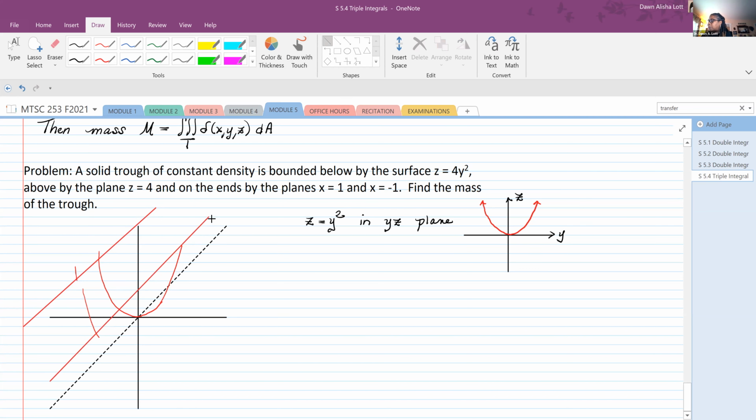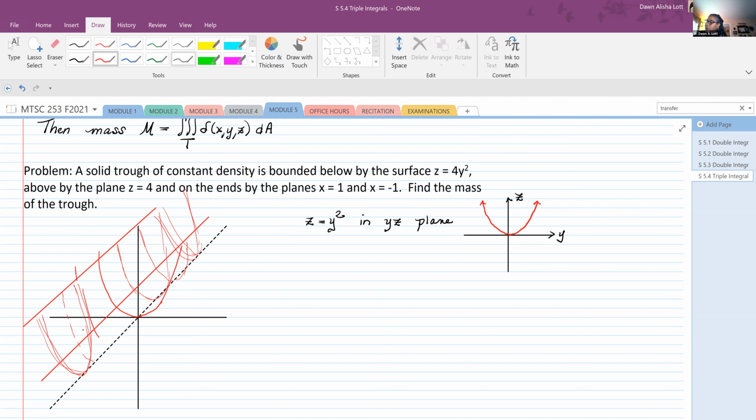It goes this way because X can be anything. So it goes along the X-axis.